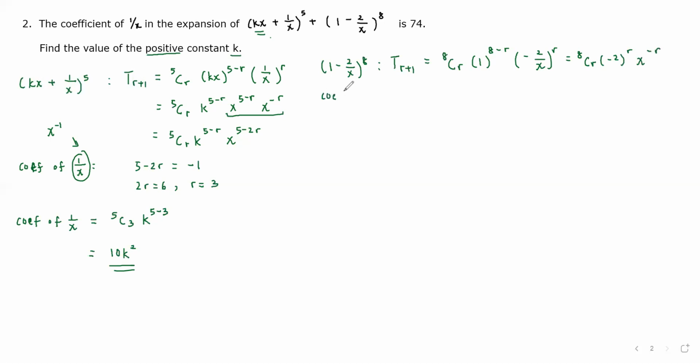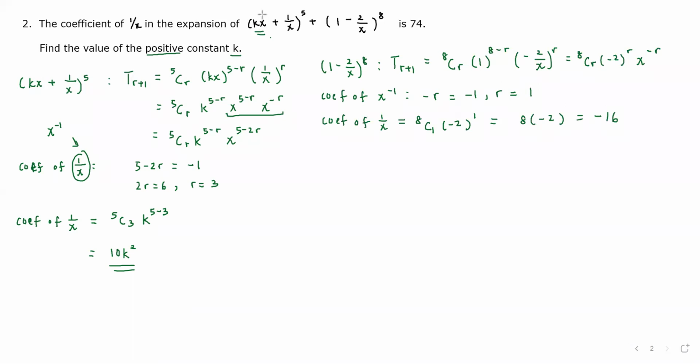And we need to look at the coefficient of x to the negative 1. So if you let negative r be negative 1, r is 1. Then the coefficient of 1 over x for the second term is 8C1 times negative 2 to the 1. And 8C1 is 8. Then 8 times negative 2 gives you negative 16.